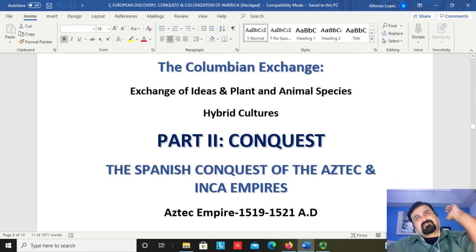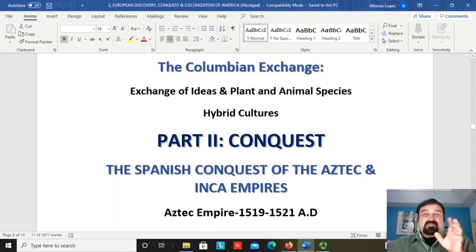But at the same time, this Columbian exchange involved the exchange of different animal and plant species. As Europeans come to America, they're going to bring certain animals and plants that were not indigenous to America.